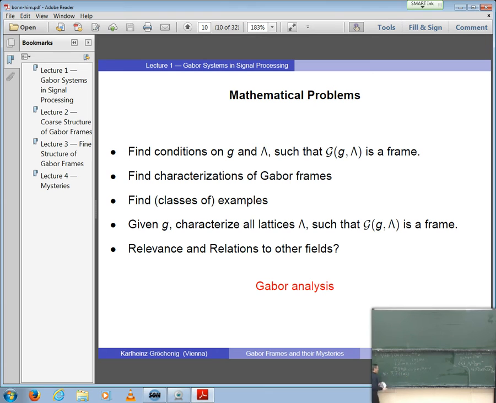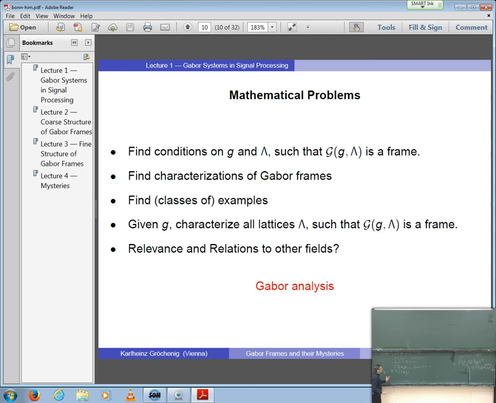So, from an abstract point of view, I can read this formula for the short time Fourier transform as taking the tensor product of f with the window, applying a linear transformation to the two variables, and then taking a partial Fourier transform in one coordinate.